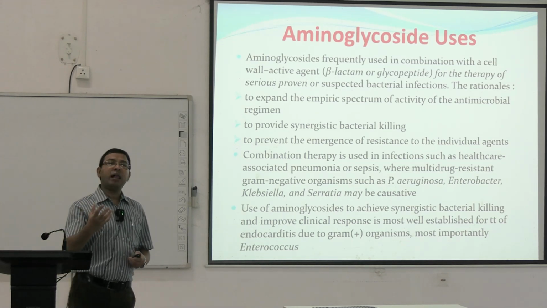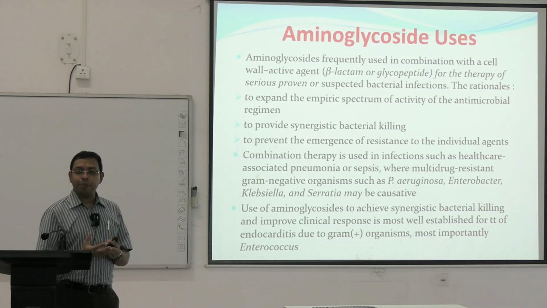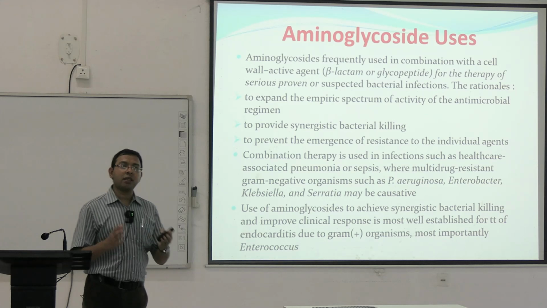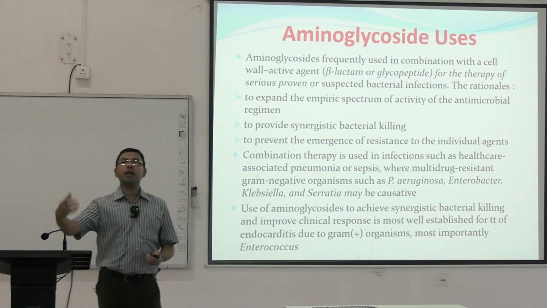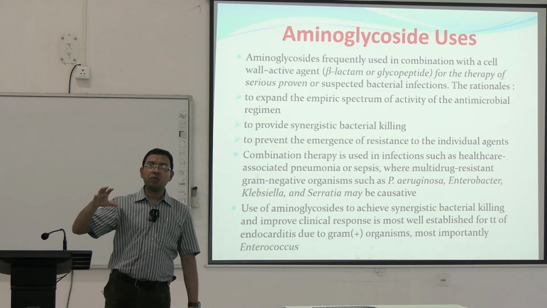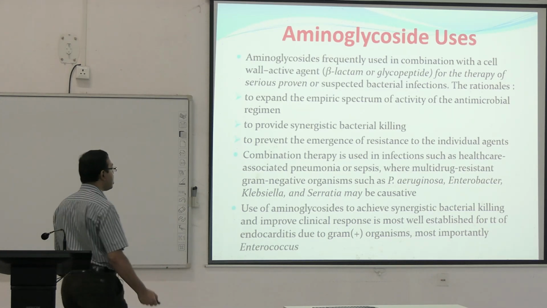If their blood culture is done, you will see in most cases the organism is either Klebsiella, Pseudomonas, E. coli, or Serratia. And in most cases now we are seeing multi-drug resistant Klebsiella and multi-drug resistant Pseudomonas. So in these cases we can control with judicious use of aminoglycoside antibiotics.